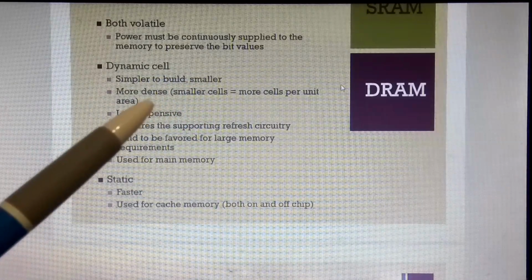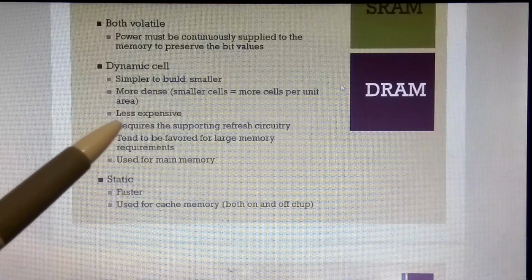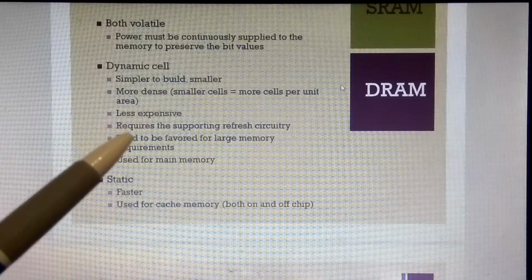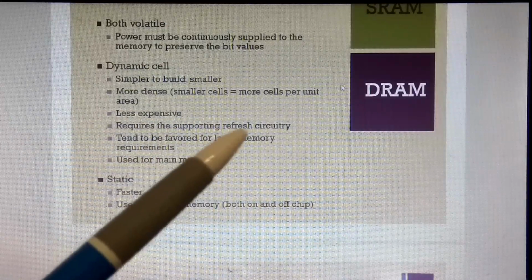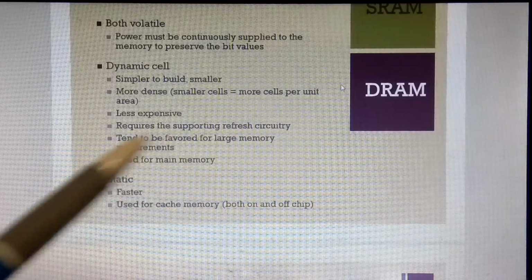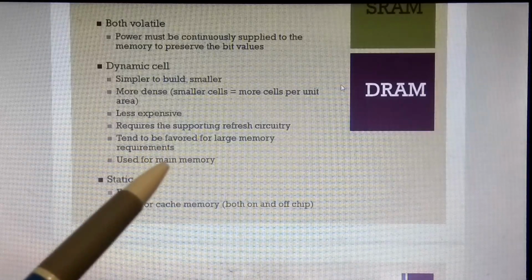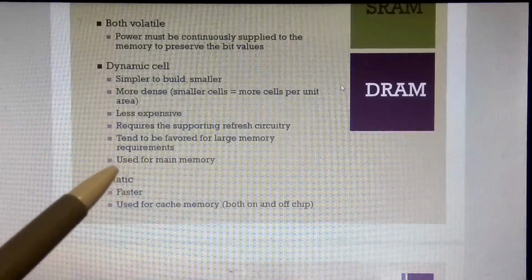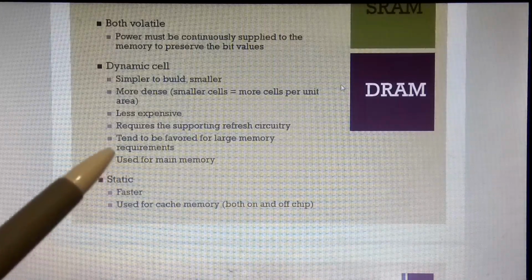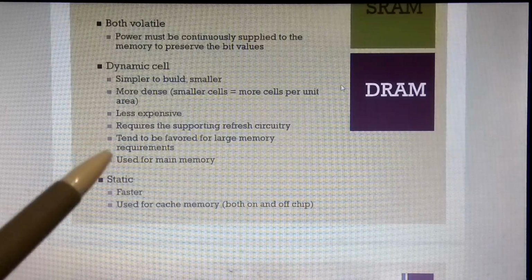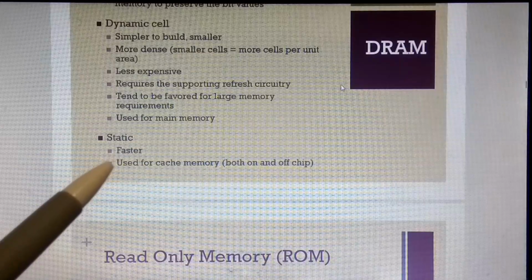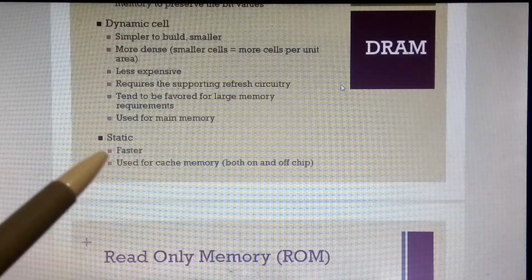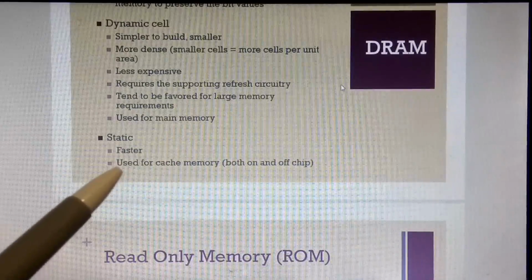It's more dense, which means more cell units per area, and is less expensive, and it requires supporting refresh circuitry. It tends to be favored for large memory requirements and is normally used for the main memory, while the static RAM, SRAM, is faster and is normally used for cache memory, both on and off chip.